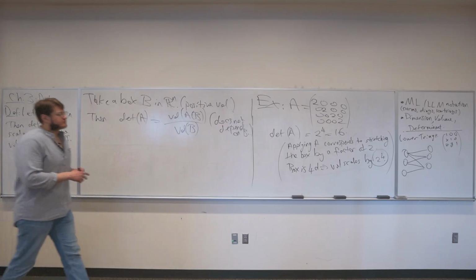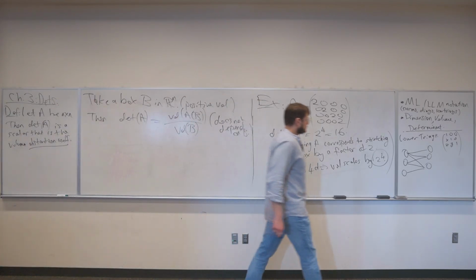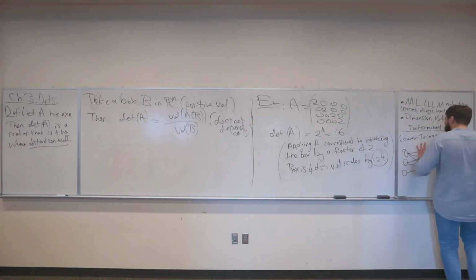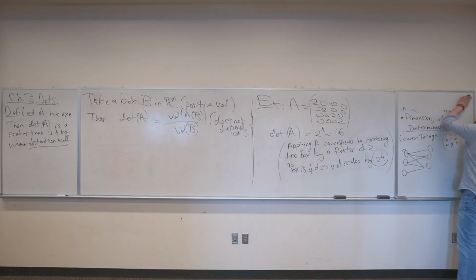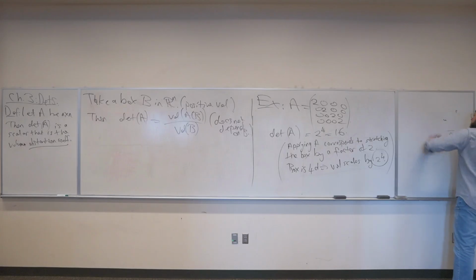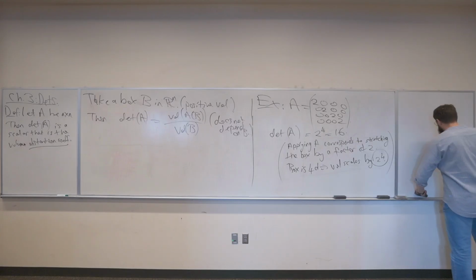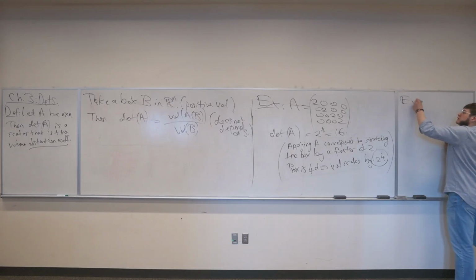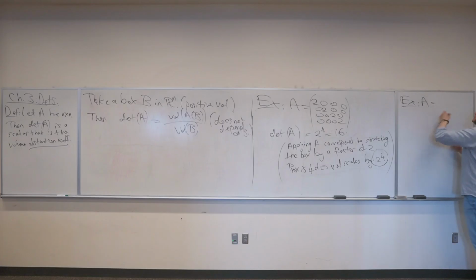Let's do one more. Say I have different diagonal entries. Again, it's a diagonal matrix. Let's say 2, 3, 5.